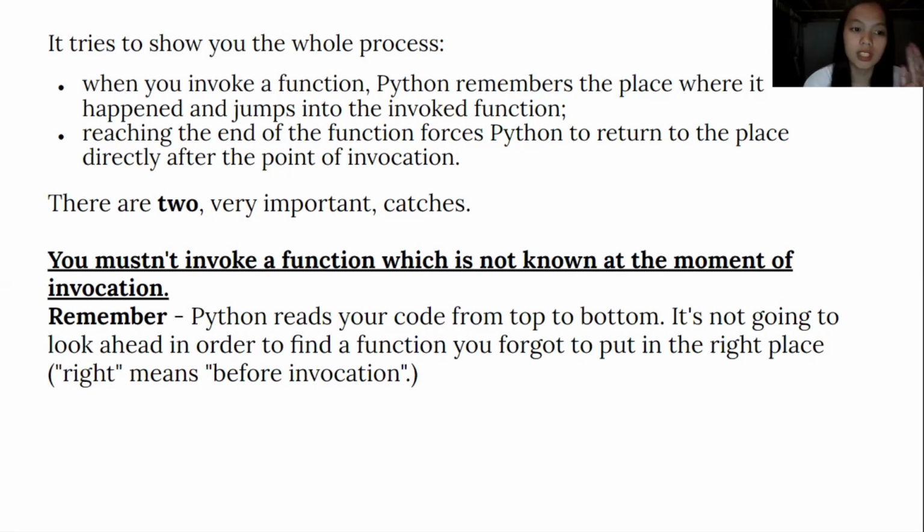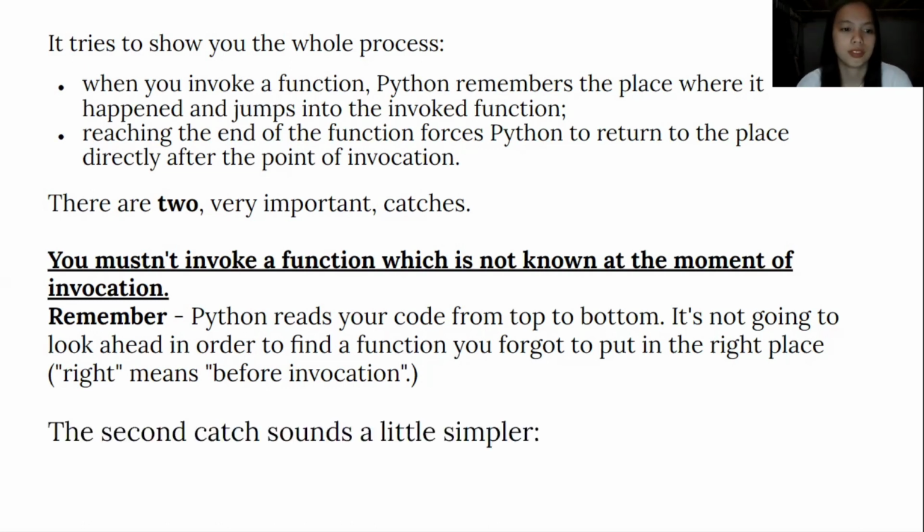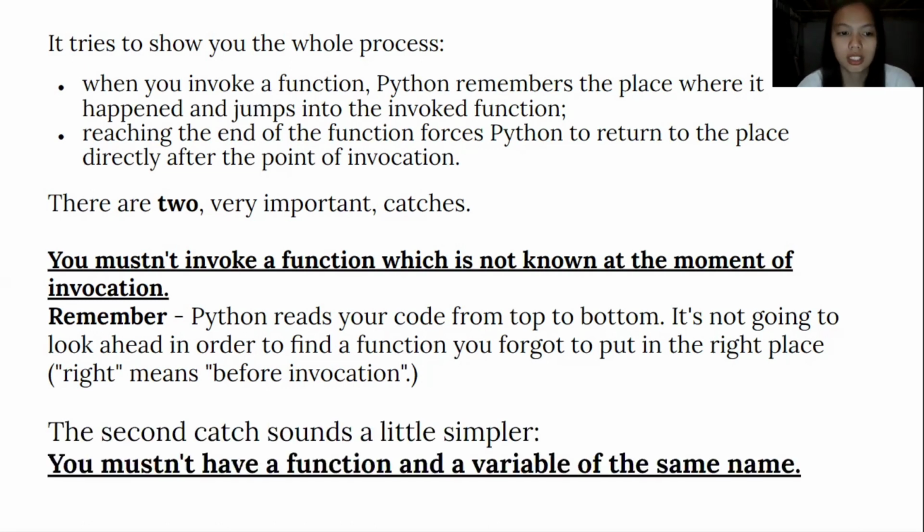Right means before invocation. And the second, you mustn't have a function and a variable of the same name. They can't be a function and a variable with the same name.